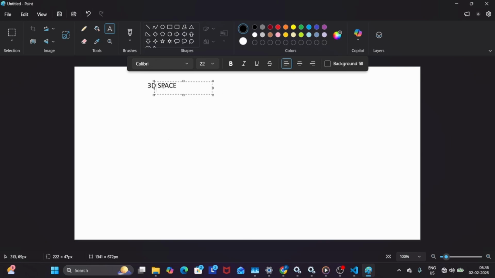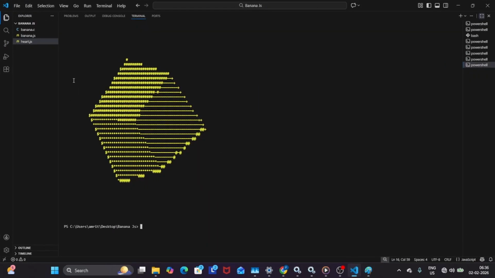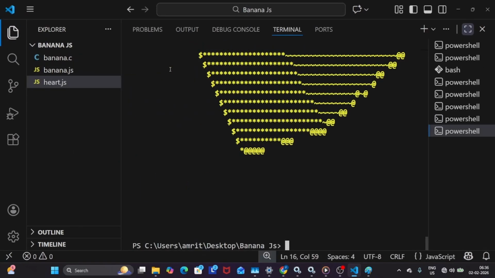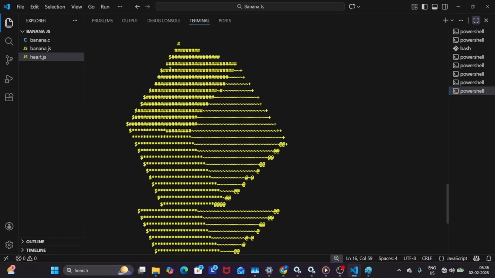Now what we will understand is building a cube with points. In our cube, it is built from points, and the points are different characters, like a dollar sign, but they are all points. If you see clearly, the cube is built by taking points.